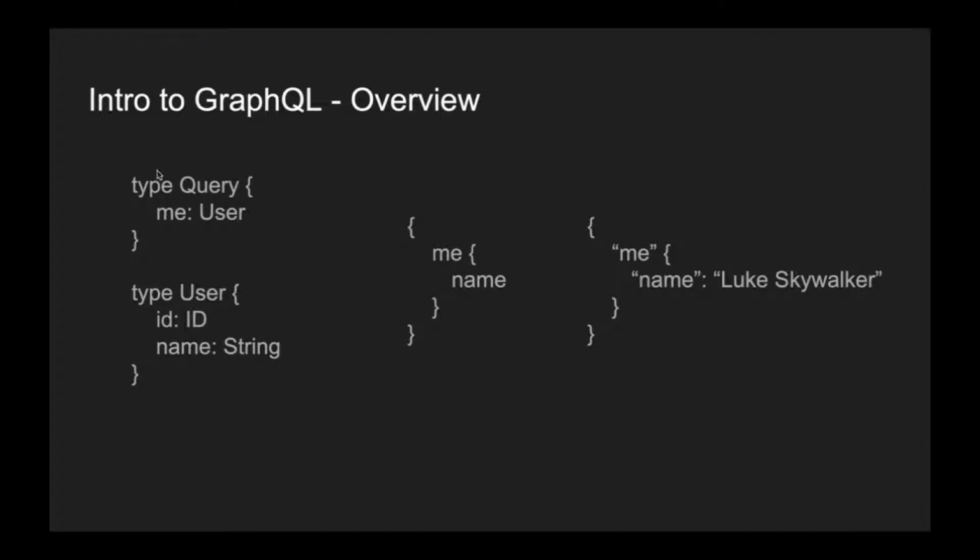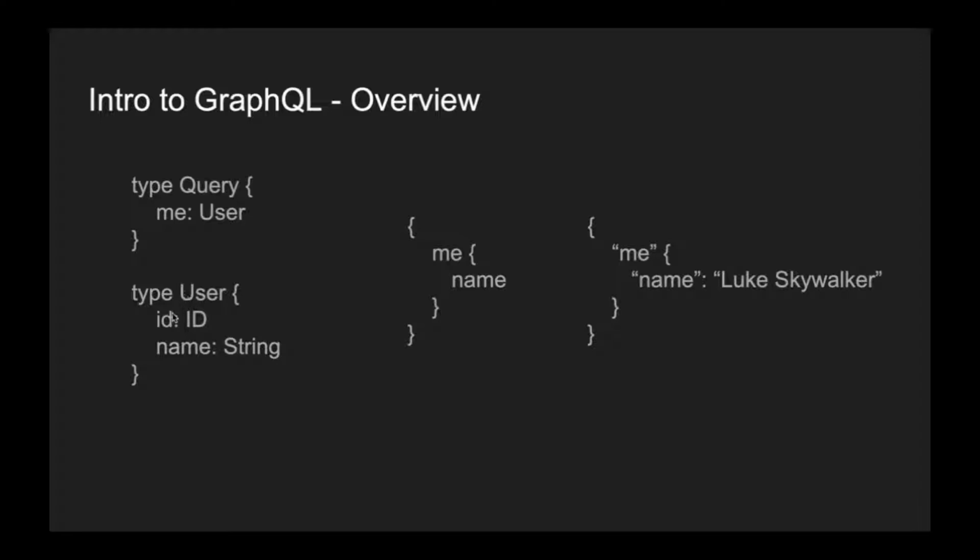So if I have something in this type query, it's really an operation and a return value. If I have something outside a query, like a user, it's more of a field and type. In this little mini schema, we're defining that the query is going to return a user.